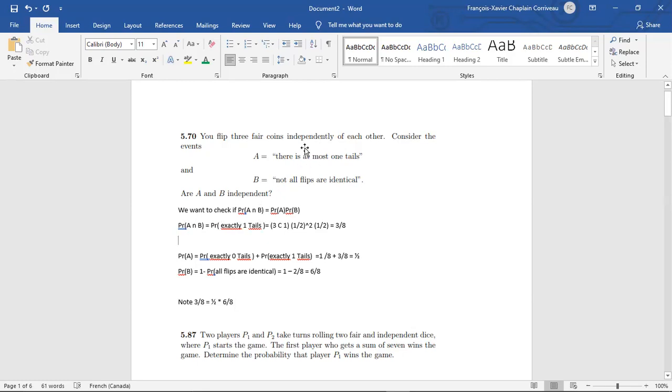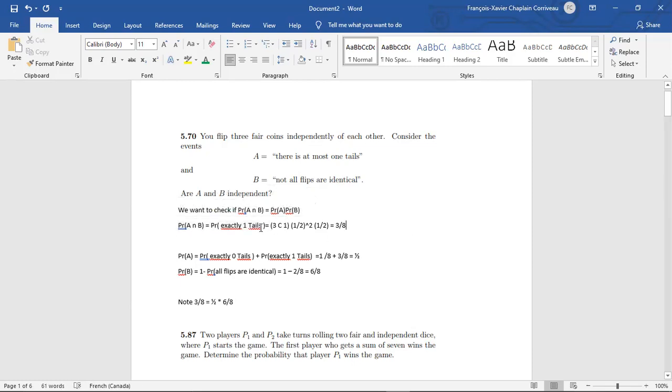If I have no tails, it means that all my flips are heads. So this cannot happen. If I'm in A and B, I cannot have no tails. So this yields only one case. There's exactly one tail, and that's why this is equal to this.